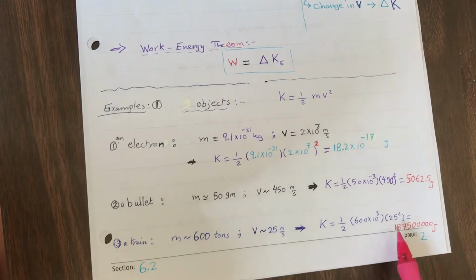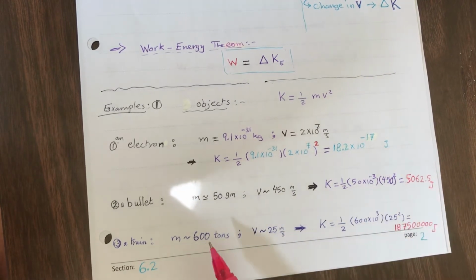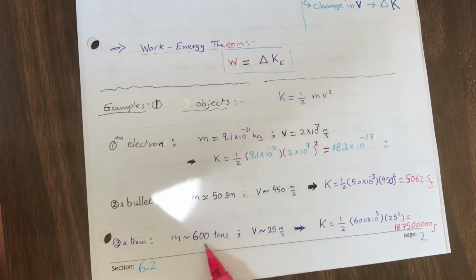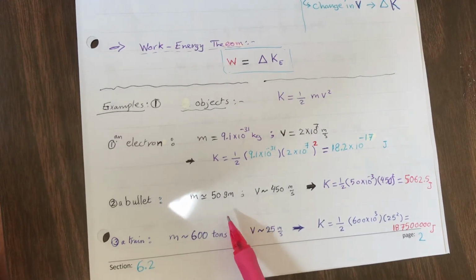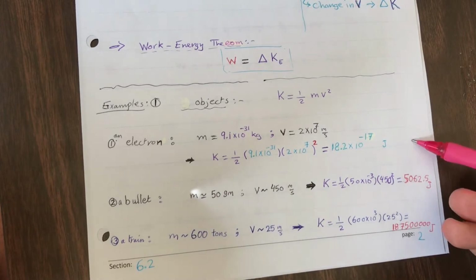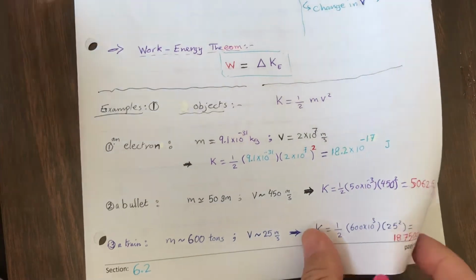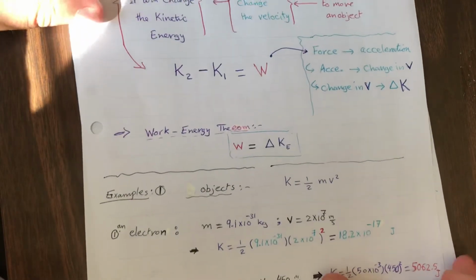But the train's kinetic energy is much higher than the bullet's because its mass is very high, larger than the bullet's mass. So we have small and huge kinetic energies. And all of them are in joules using the same relation.